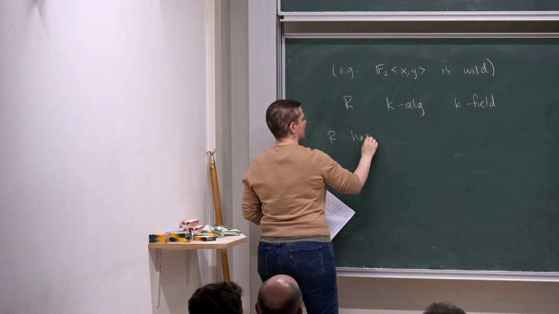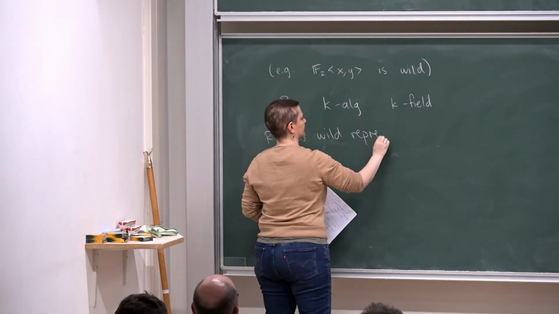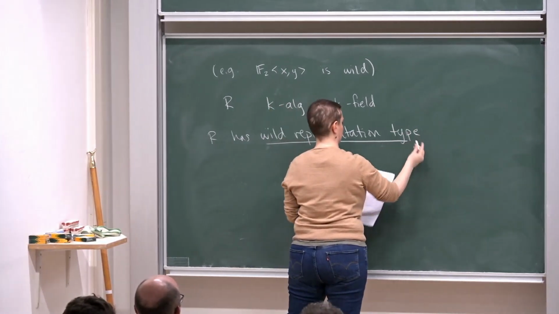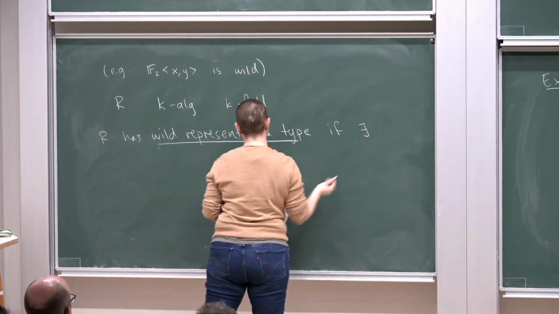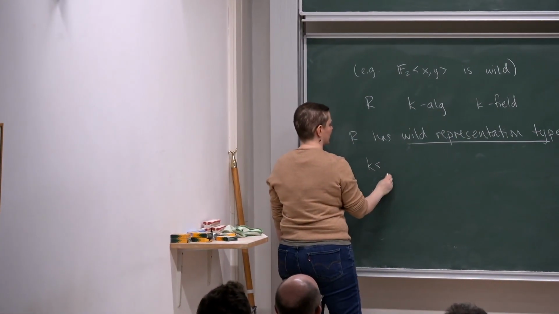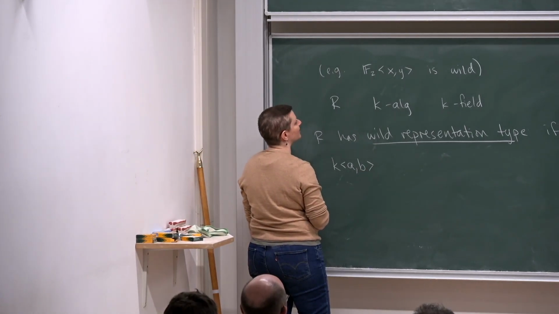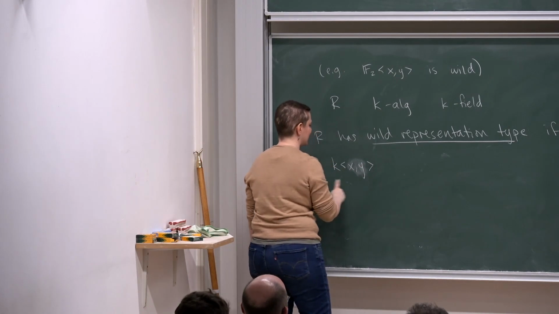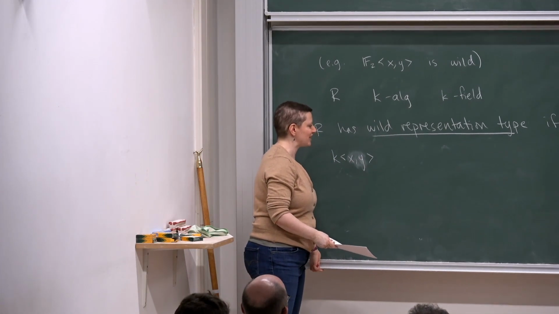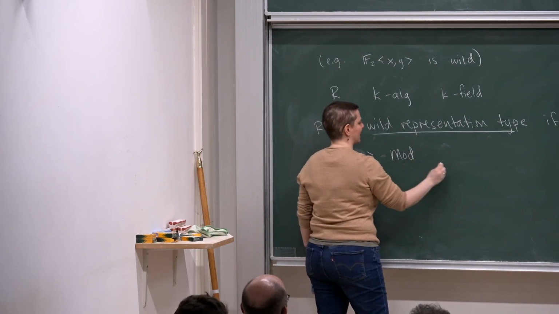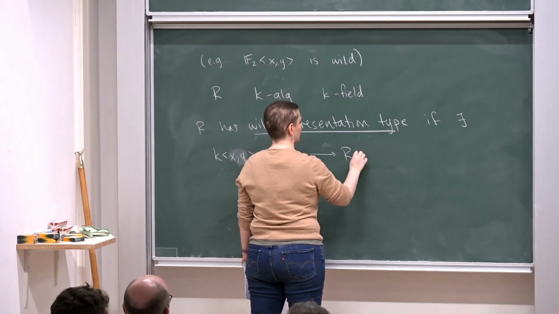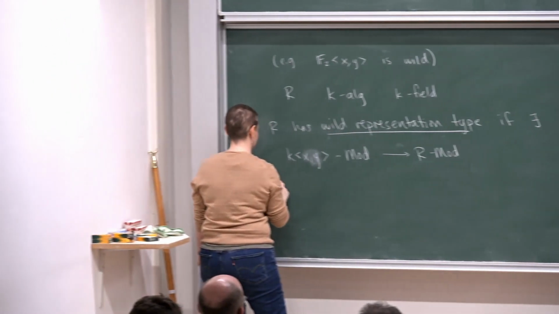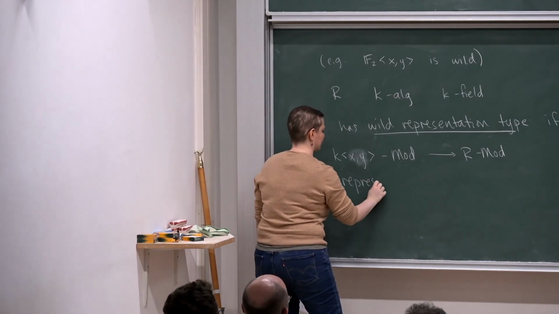Then we say that R has wild representation type if there exists a functor from the category of modules of the free K algebra on two generators, which I'll call K<x,y>, to your category of R modules that's particularly nice, so it's going to be called a representation embedding.